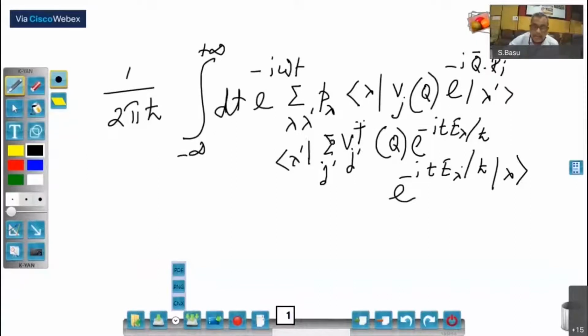I had E lambda prime, I had E lambda, and I have brought it inside this averaging brackets.